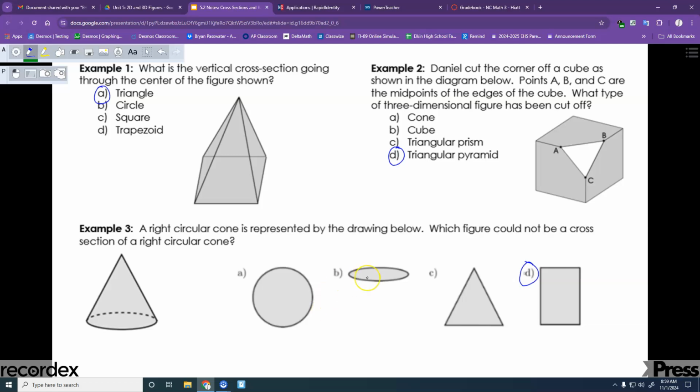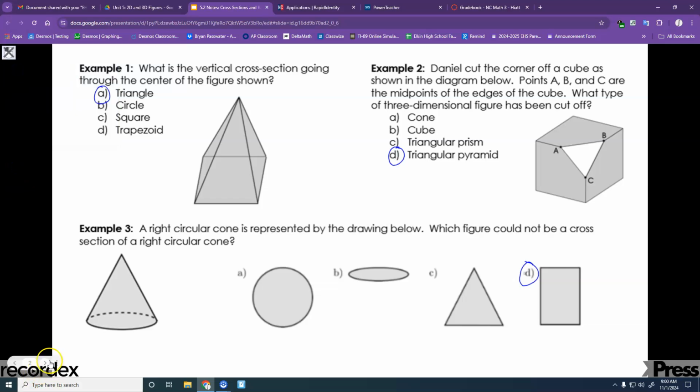How would you get B? It'd be a cross karate chop there. How would you get C? This way, right? But you would never get a rectangle out of it. There's no way to get a rectangle, not with just one cut. You can set it right there on that table for me. Thank you, Kaylee.